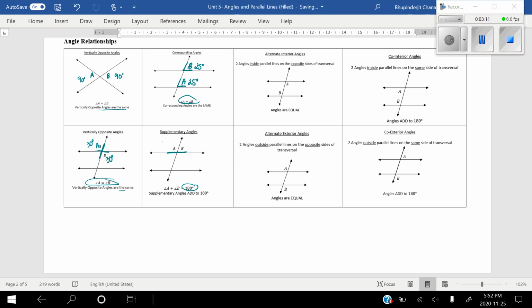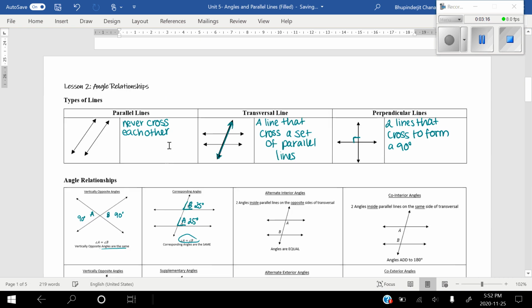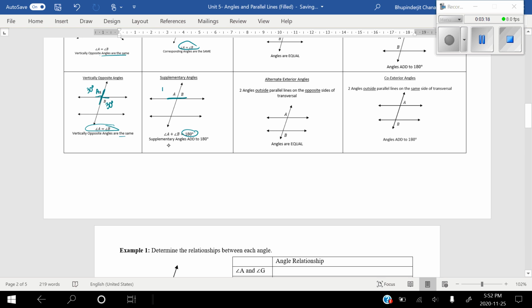So if this angle is 120, then B, to find B, I would take 180 minus 120, and that would give me 60 degrees. So then together, A is 120 plus B is 60. These two will equal 180. All right, let's keep going.